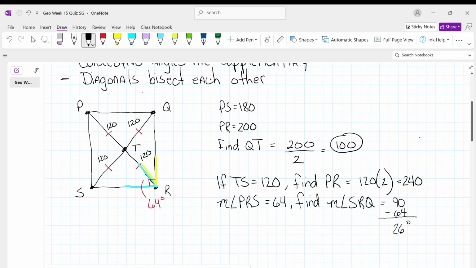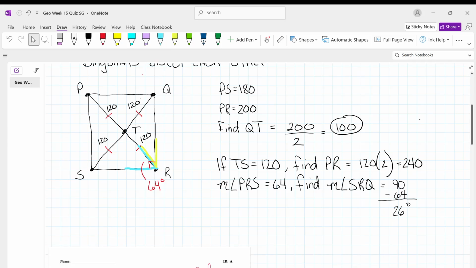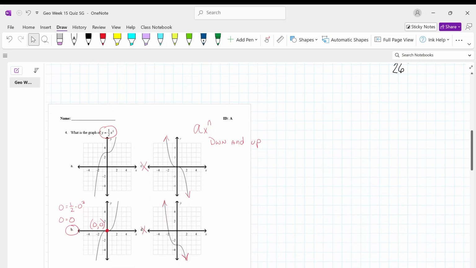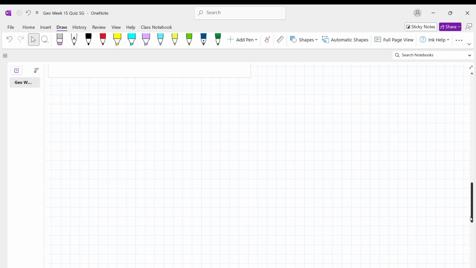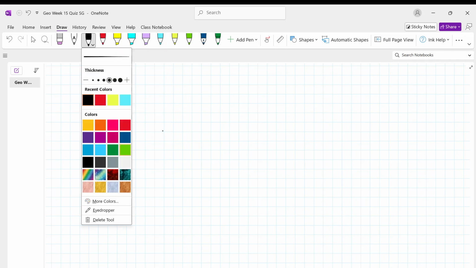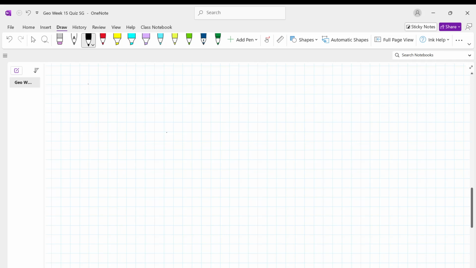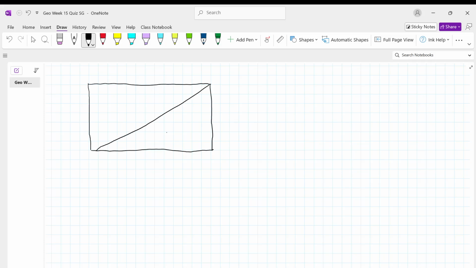So look at example 2 on the top of the next page. This time our rectangle is JKLM.